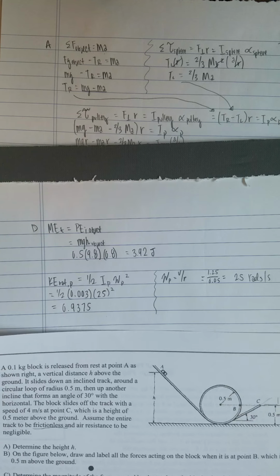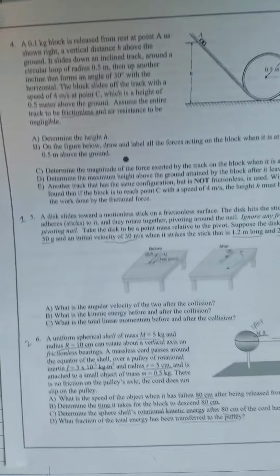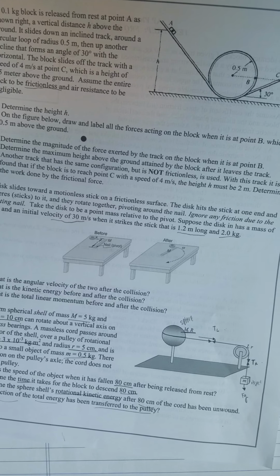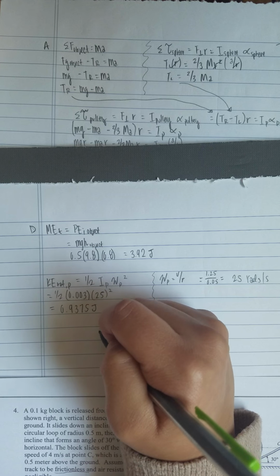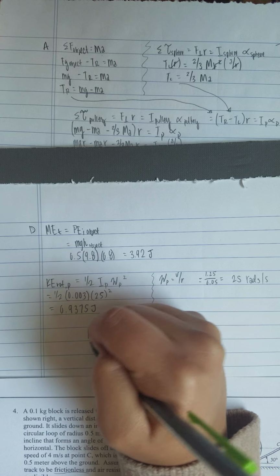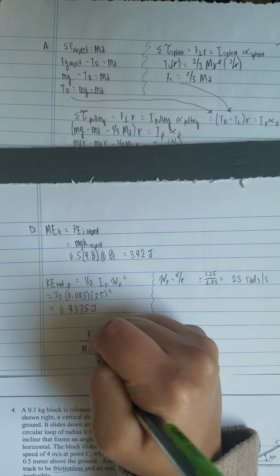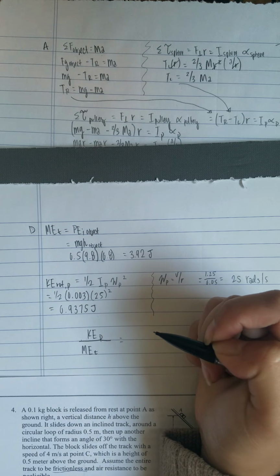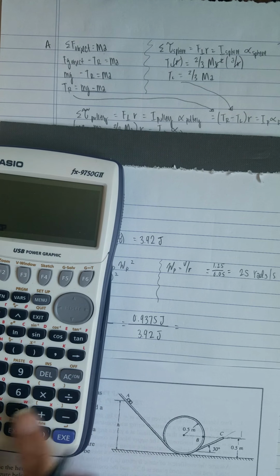Now that we have both of those, we can find the fraction of the total energy that has been transferred to the pulley. So we can put the kinetic energy of the pulley over total mechanical energy. So that gets you 0.9375 over 3.92, and then you can go ahead and reduce that.